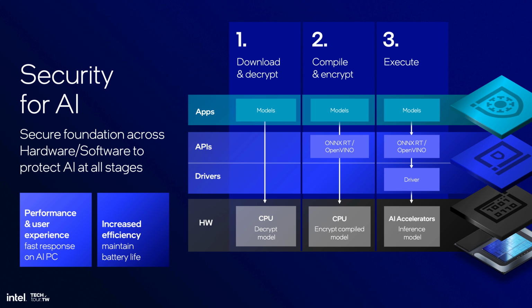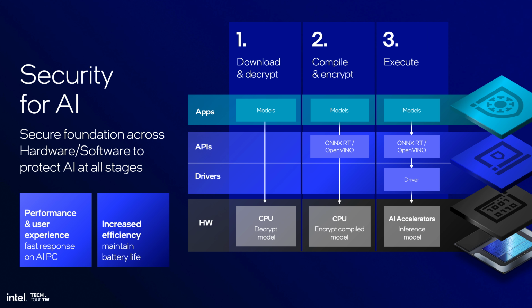Decryption is a time-consuming, power-consuming process, and addressing that for large components like models is very important. So having the right crypto that provides the best performance, because you cannot afford to degrade the performance that we are promising for the AI PC, and also ensures that the power that's consumed is not too high, is very critical.